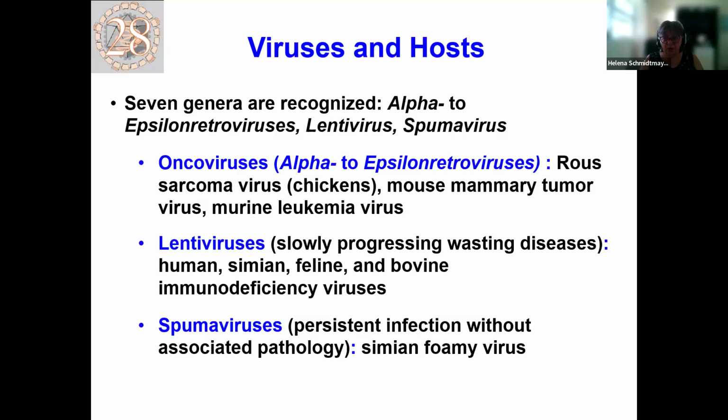Lentiviruses, lenti means slow. Those are slowly progressing viruses, which eventually can cause very severe wasting disease, such as HIV, SIV, EIV, FIV, and many other viruses. Spumaviruses cause persistent infection. However, there is no pathogenicity. Pathology was not detected, for example, simian foamy virus.